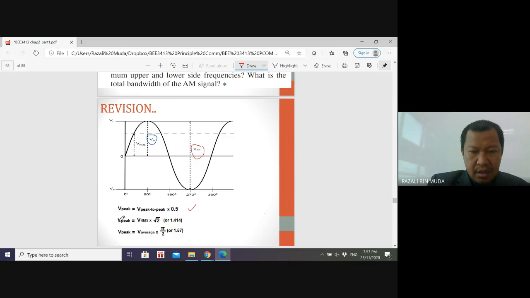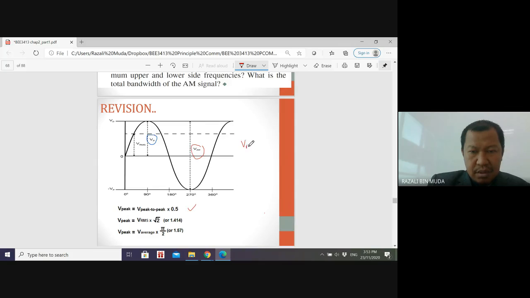Vp is equal to VRMS multiplied by root 2. So VRMS equals Vp divided by root 2, or 1.4. If we have V peak divided by root 2, we get VRMS.